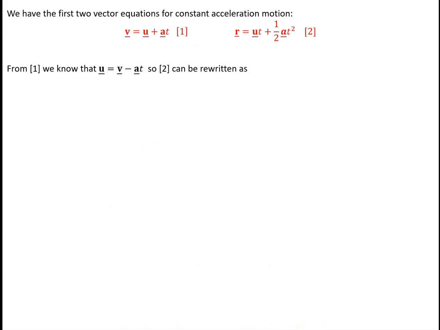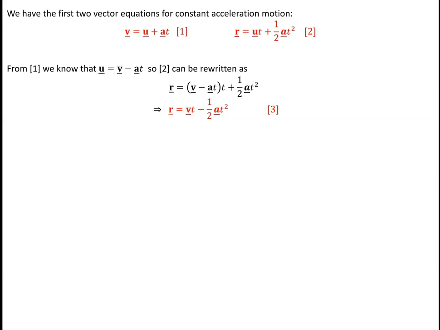If we now take equation 1, rearrange it to make u the subject, we've got vector u equals v minus vector a times t. So equation 2 can now be rewritten as vector r equals (v minus at) times t plus a half at squared. And if we multiply the brackets out, we get r equals vt minus at squared, but then plus a half at squared.